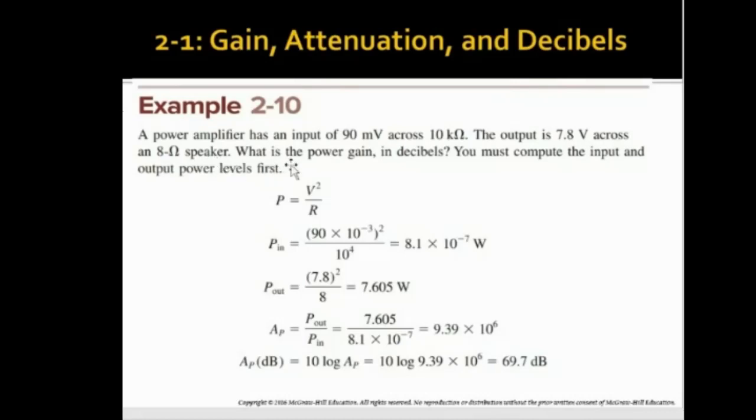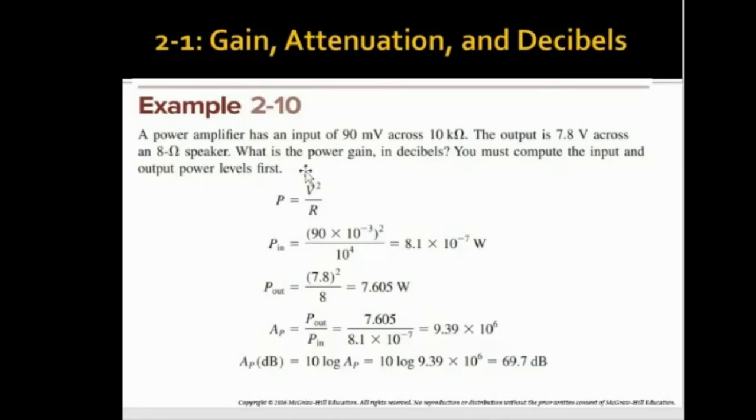What is the power gain in decibels? You must compute the input and output power levels first. That is just advising what we do.